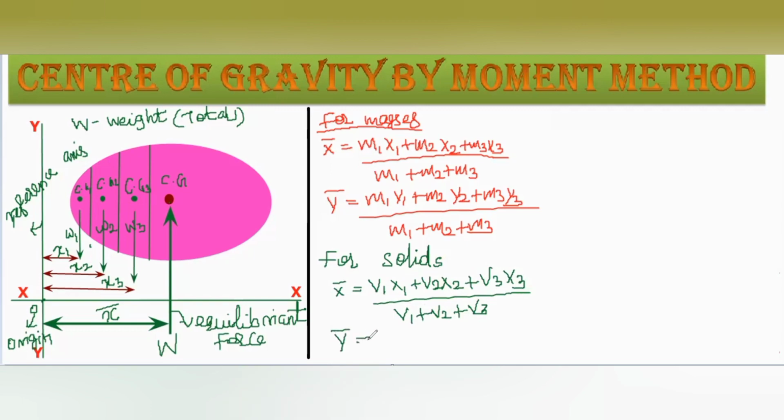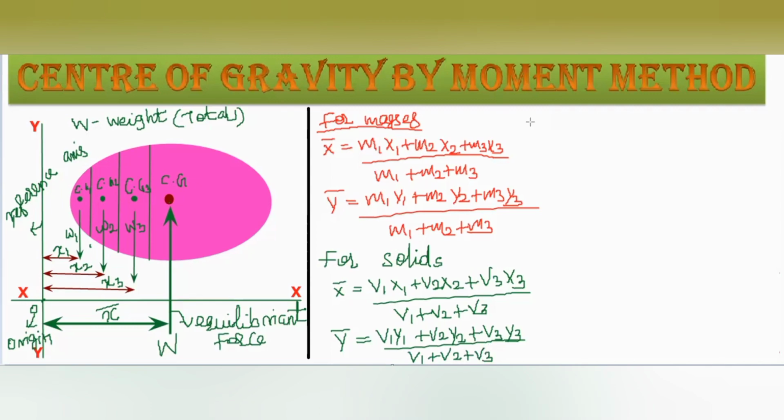Same way, y bar equals v1 y1 plus v2 y2 plus v3 y3 divided by v1 plus v2 plus v3.